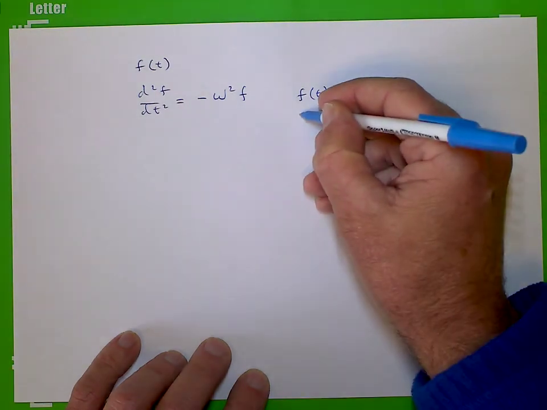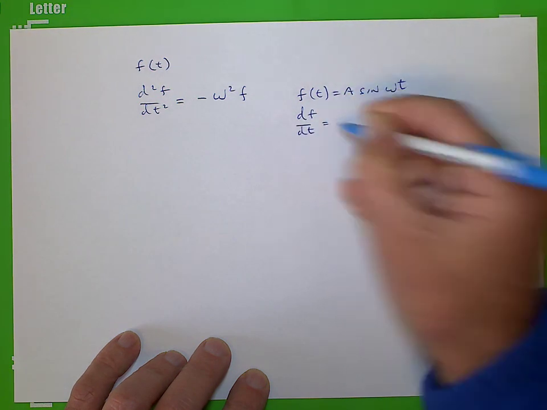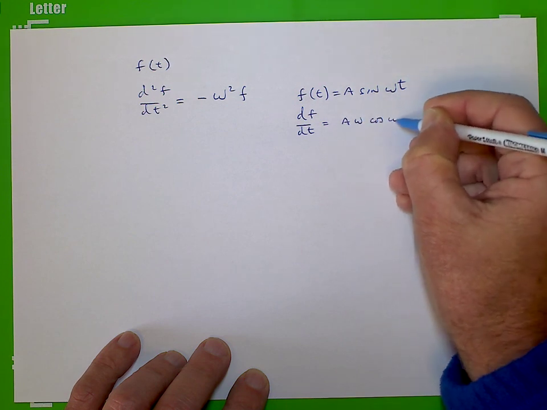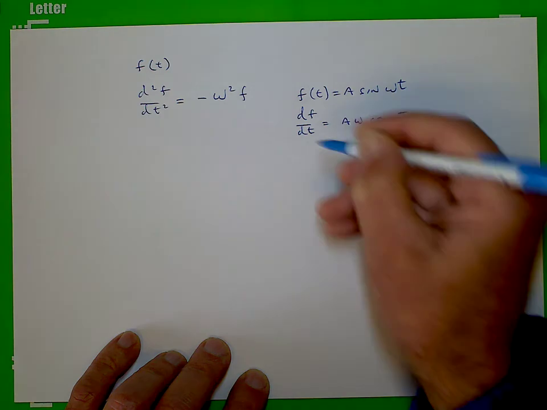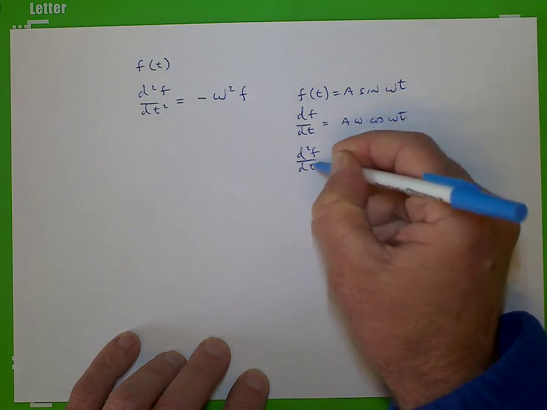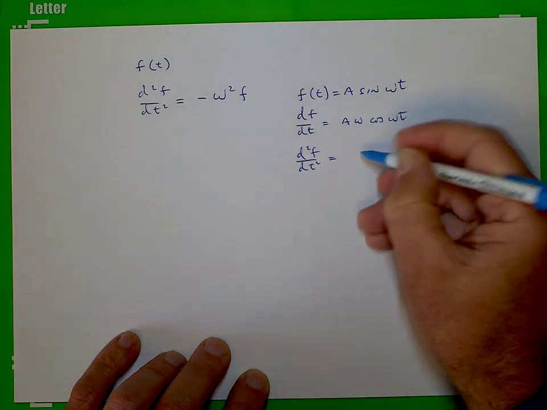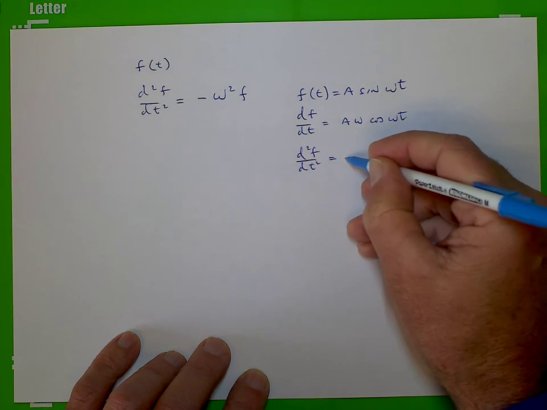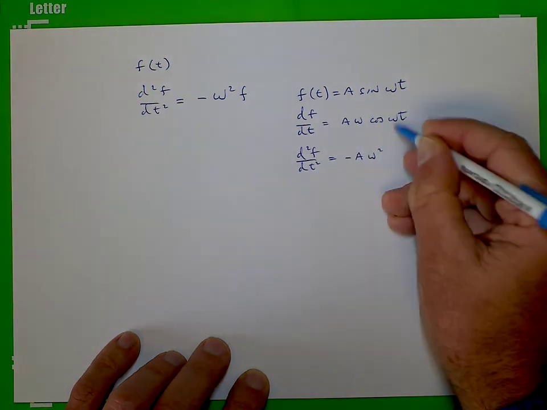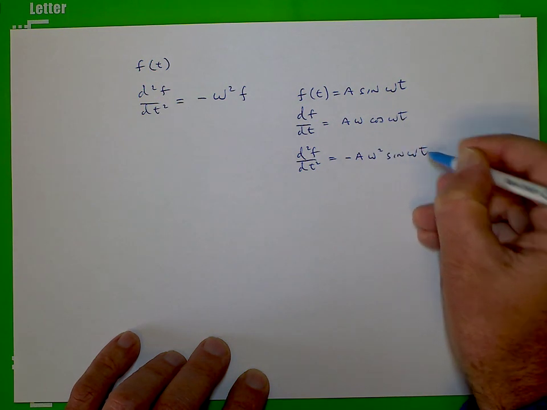Okay, so in other words, let's take the first derivative, and that's going to be a omega cos omega t, and let's differentiate again. The derivative of cos is minus sine, so we're going to get minus a omega squared, because omega times omega, sine omega t.